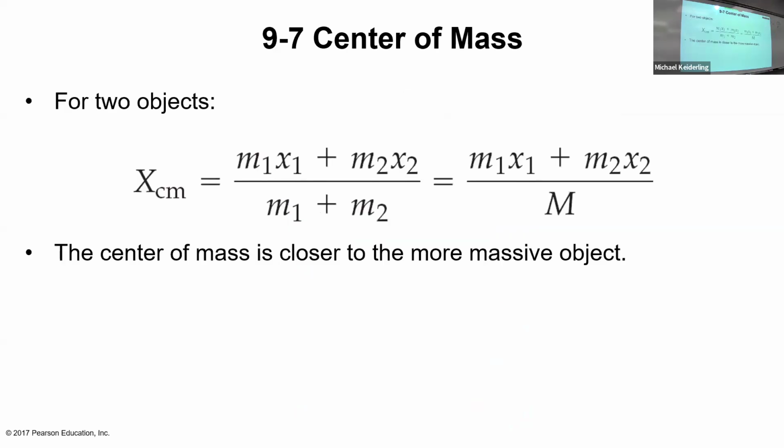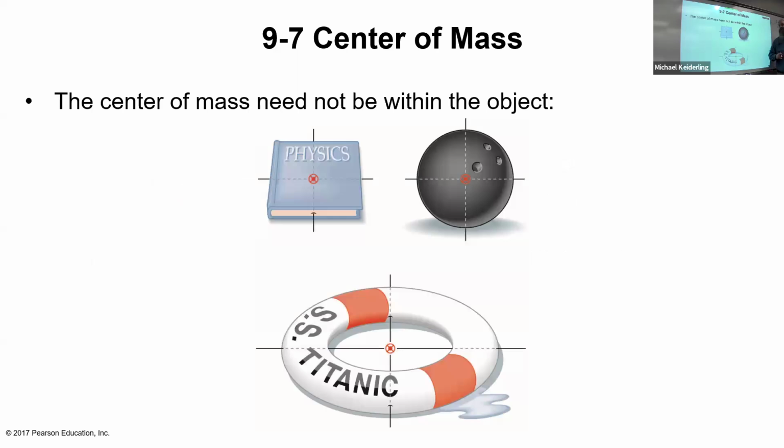For two objects, it's mass 1 times x1 plus mass 2 times x2 over mass 1 plus mass 2. So it's the sum of mass times position. You add that up for all objects and divide by the total mass. And the center of mass will be closer to the more massive object. It doesn't need to be within the object. It can be outside of it.